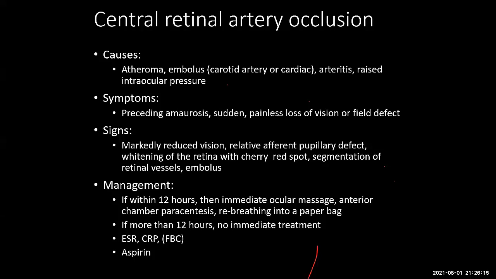And symptoms would be preceding amaurosis fugax, transient loss of vision, sudden painless loss of vision, and visual field defects. Signs would be markedly reduced vision, and usually they have relative afferent pupillary defect, whitening of the retina with cherry red spot, and segmentation of retinal vessels, and you may see an embolus.